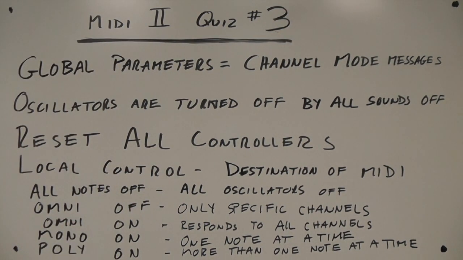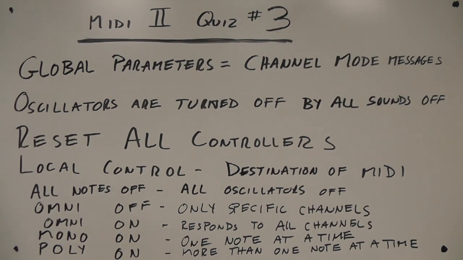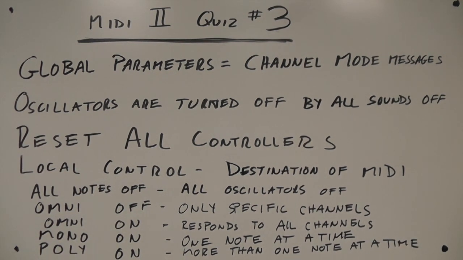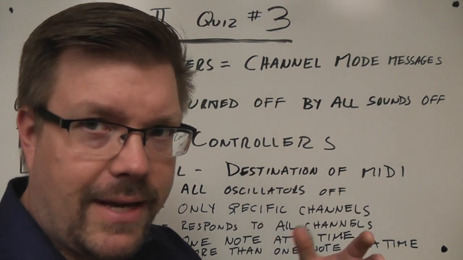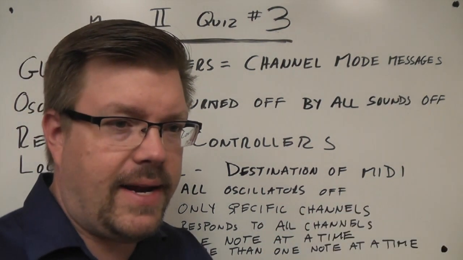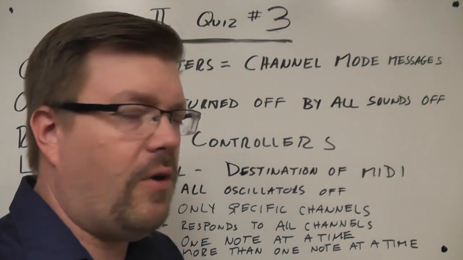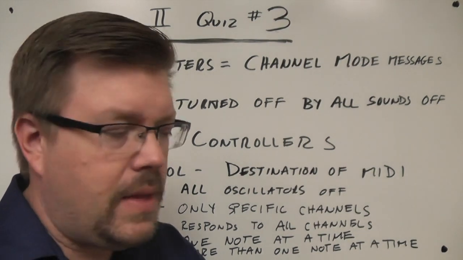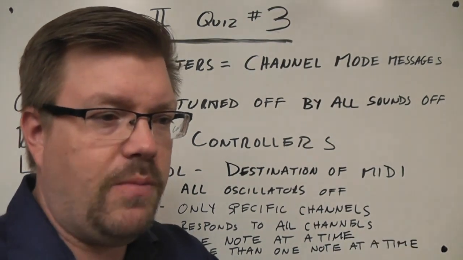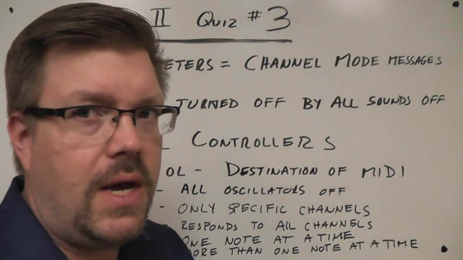So if you have Omni mode off, then you assign specific input channels to specific destinations. It makes me think of back in the 80s where there would be a guy that had 4 or 5 keyboards around him, or her, and play those different keyboards controlling different synthesizers.